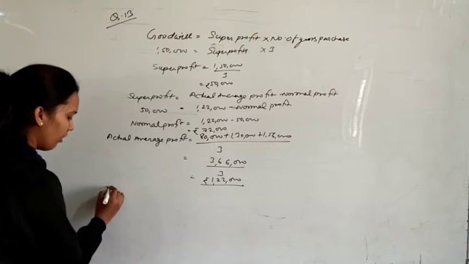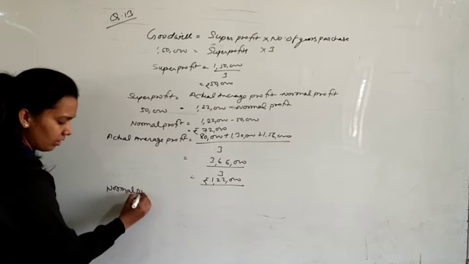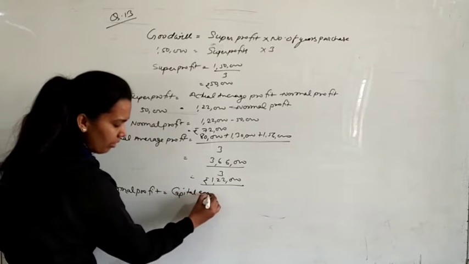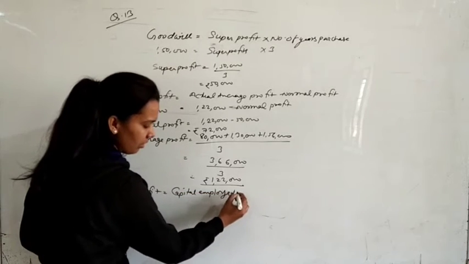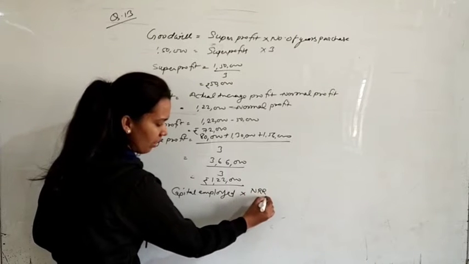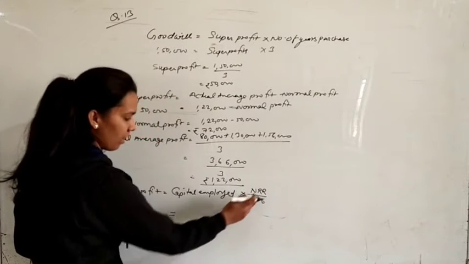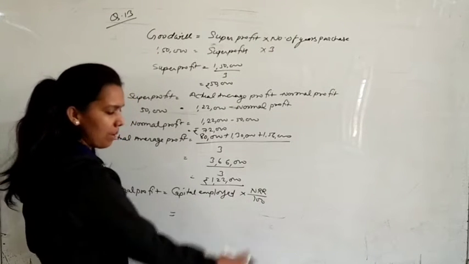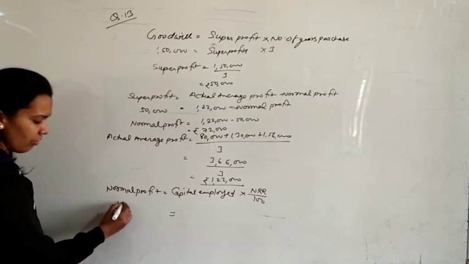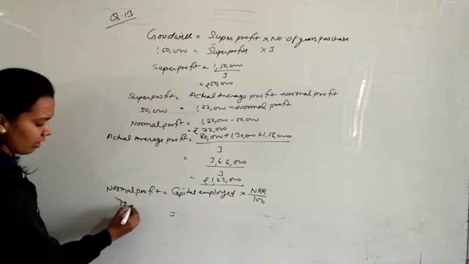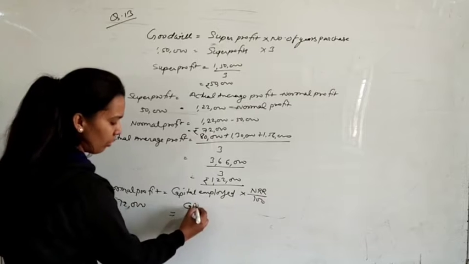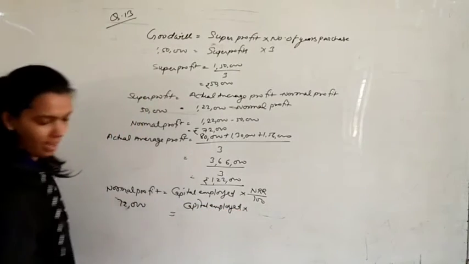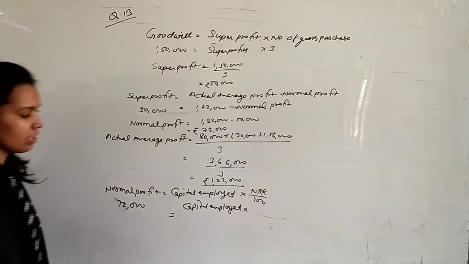Now you can put the formula for normal profit, that is capital employed multiplied by NRR upon 100. NRR, that is normal rate of return. Okay, you have to write it in full. Capital employed multiplied by NRR upon 100. So in this equation we have normal profit, that is 72,000. Capital employed we have to find in this, so write it as it is, and NRR, normal rate of return, that is 12%.